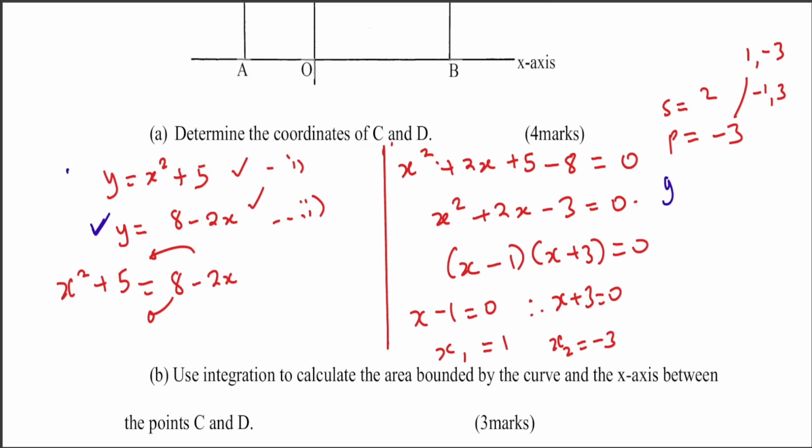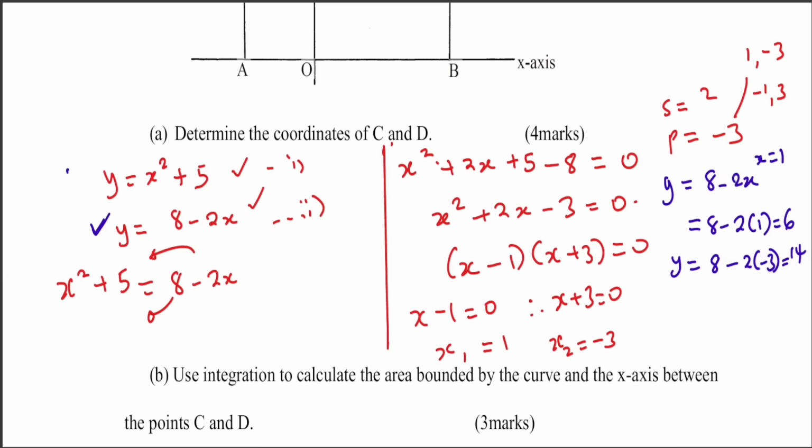So let's say if your x is 1, how much will y be? 8 minus 2x. So if your x is 1, 8 minus 2 times 1, your y will be 6. If your x is now negative 3, it becomes 8 minus 2 times negative 3, which is basically 8 plus 6, which is 14.